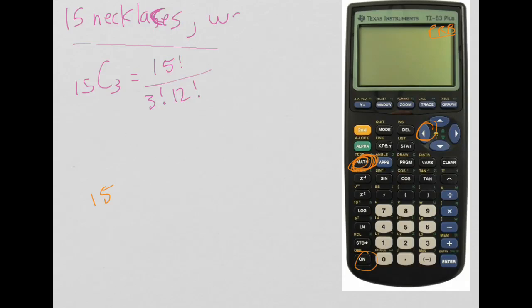Hit the left arrow once and you'll get there, or hit the right arrow 3 times and you'll get there. Whatever, just get there. And then go down to the option that says nCr. Then hit enter and it'll print that nCr on your calculator next to that 15. And then type a 3 and hit enter. And you should get that same number, 455.